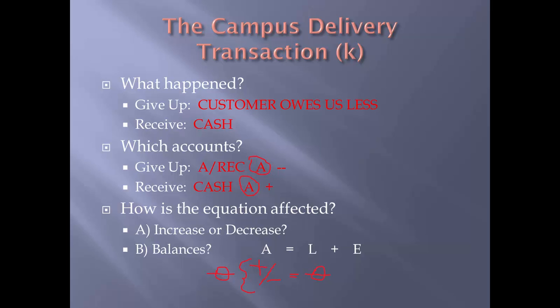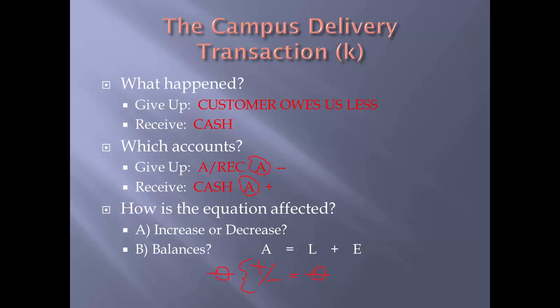Here is where some of the customers gave us some of the money that they owed us. So here today, the business is receiving cash. What are they giving up? The fact that the customers owe us less than they did 5 minutes ago.